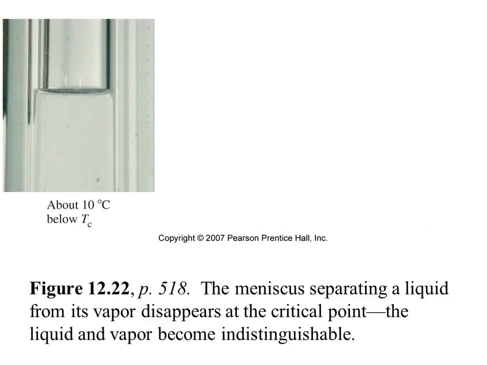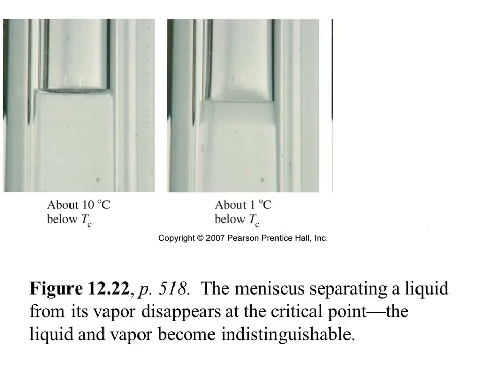So I can't remember, maybe it'll say what the critical temperature is. Still below the critical temperature, can you kind of see, they call this the meniscus? We call that the meniscus in lab, trying to get the meniscus on the place where we're supposed to get it using a graduated cylinder.